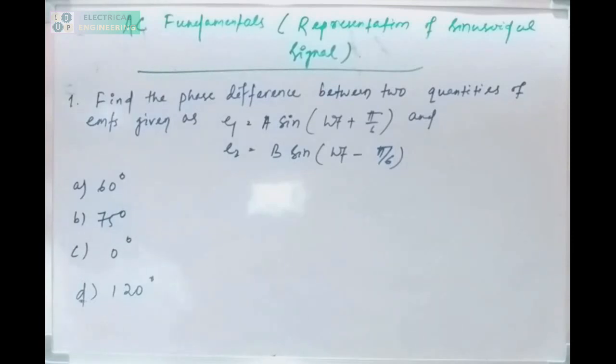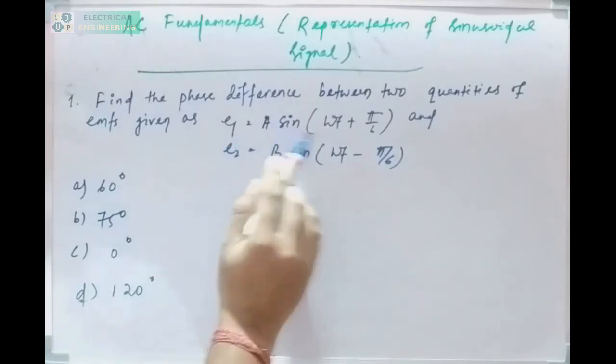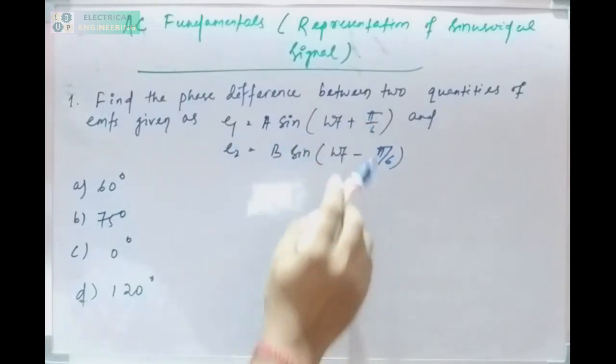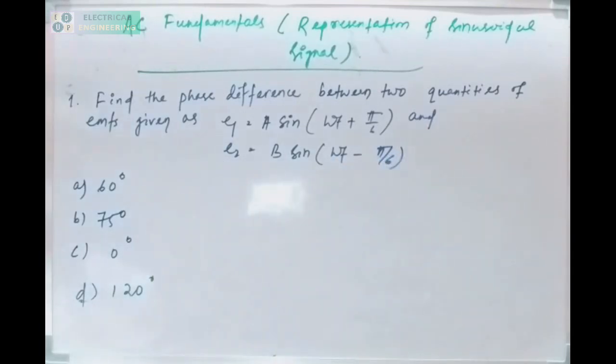Let us discuss the first question under representation of sinusoidal signal. Let me read it for you. The first question is: find the phase difference between two EMFs given as E1 equals A sin(omega t plus pi by 6) and E2 equals B sin(omega t minus pi by 6).